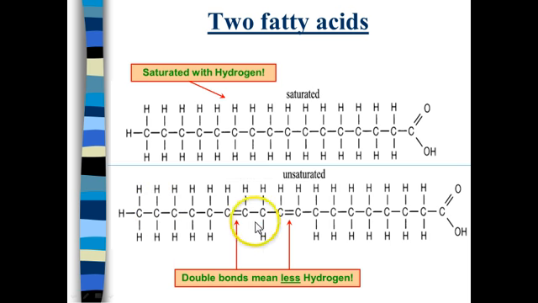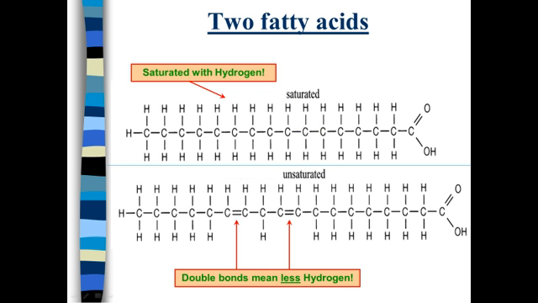It has several double bonds, which means it's polyunsaturated. Polyunsaturated means that it has several double bonds, which are points of unsaturation. And it has been cooked at high pressure and high temperature in the presence of some hydrogen gas. What that does is that tends to open up these double bonds and form them with a hydrogen molecule. That then gives us a saturated fat.